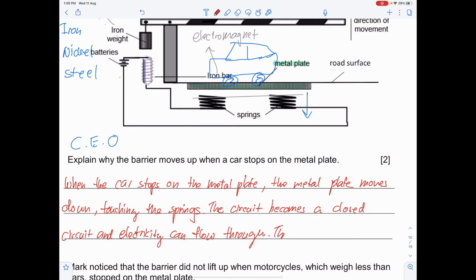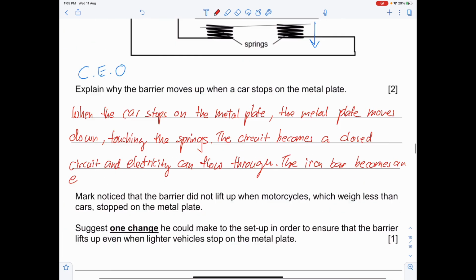The iron bar becomes an electromagnet which attracts the iron weight.